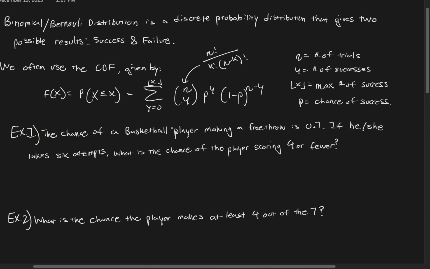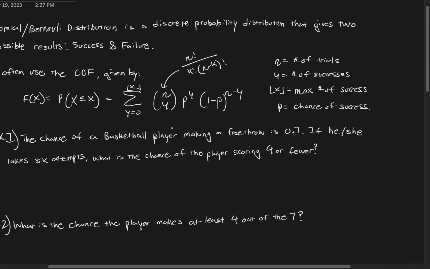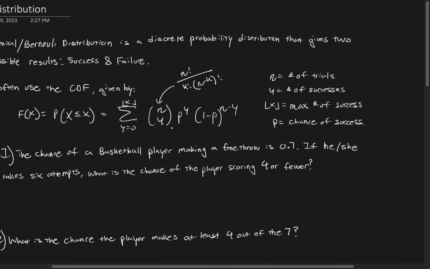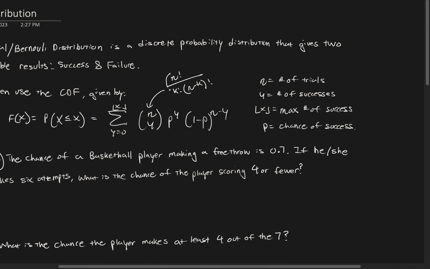If we're trying to find the probability of a specific value of x being equal or less than the value, then we're given by the summation of y starting from 0 to the max value of x, or the x floor, of the binomial coefficient starting from n, and then y representing the number of successes. And then this formula right over here is what we use to determine that.